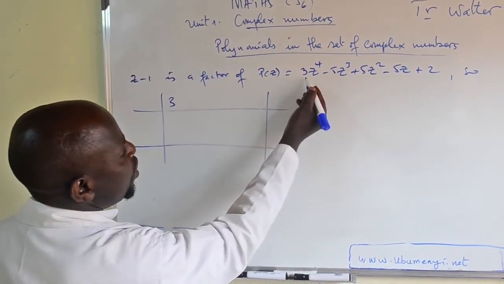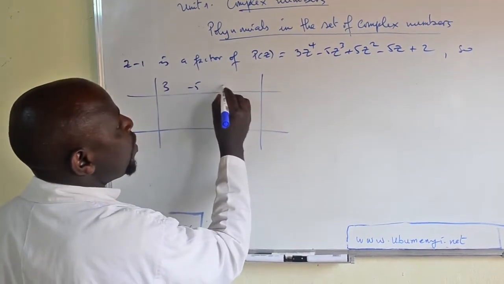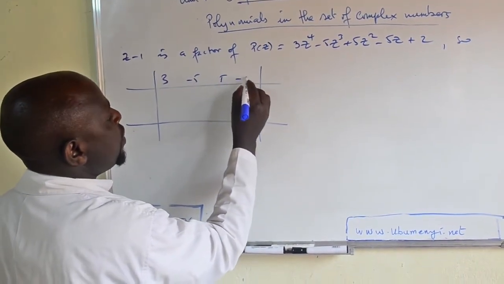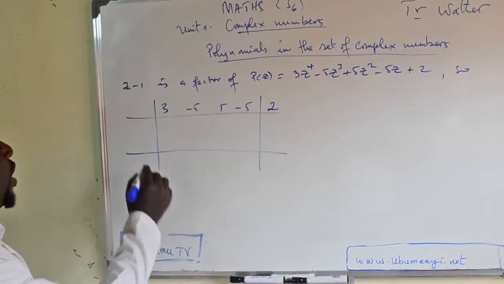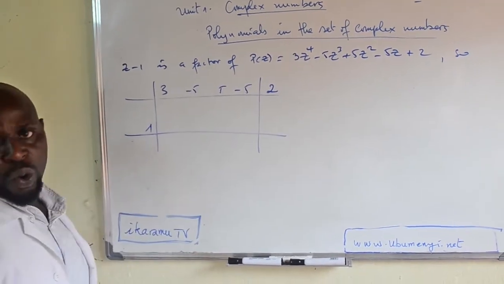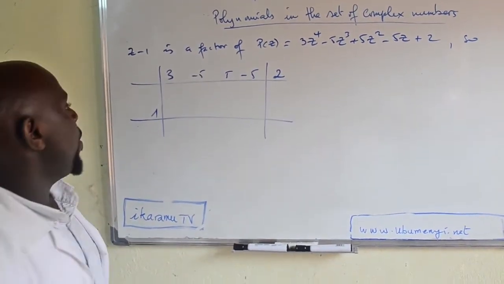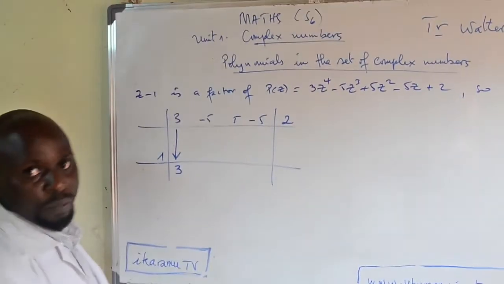The first coefficient is 3. The second is -5. The third is 5. The next one is -5, and the independent coefficient is 2 here. And we have to put here this Z, which is equal to 1, which was the 0 of the polynomial.